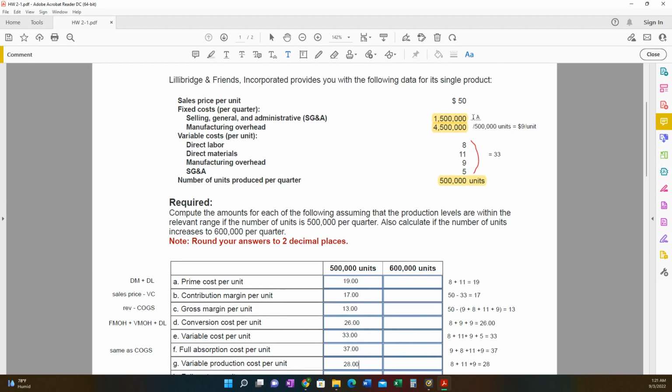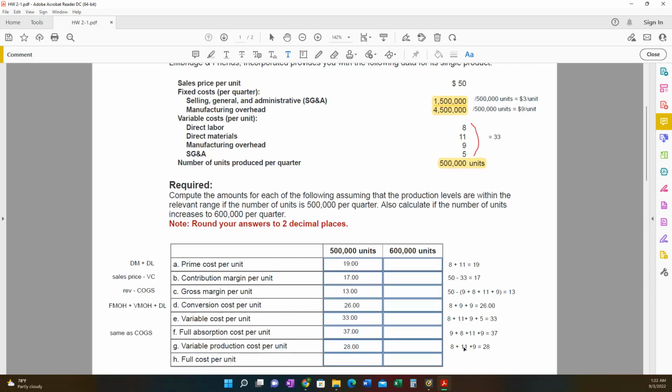So we're going to divide 1.5 million by 500,000 units. And that gives us $3 per unit. So now for full cost, we can add all of the cost per unit that we have. $3 per unit plus $9 plus 8 plus 11 plus 9 plus 5 equals $45 per unit.